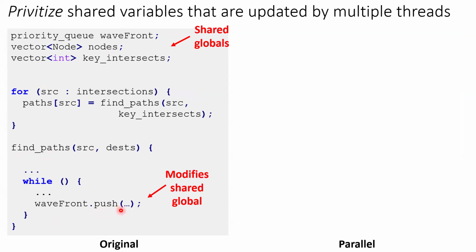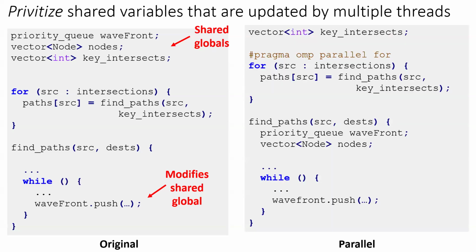So it modifies the shared global variable. So when you are trying to parallelize this, you want each thread to have its own copy of wavefront. Does this make sense?